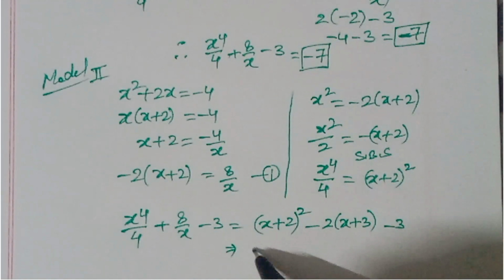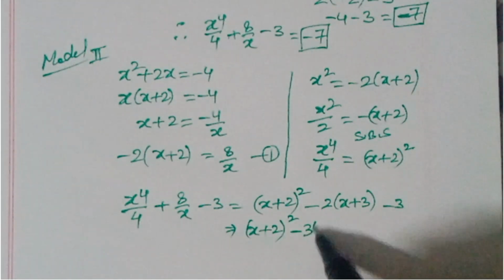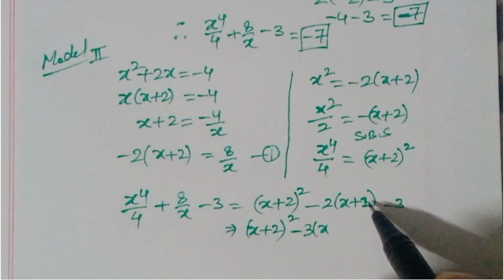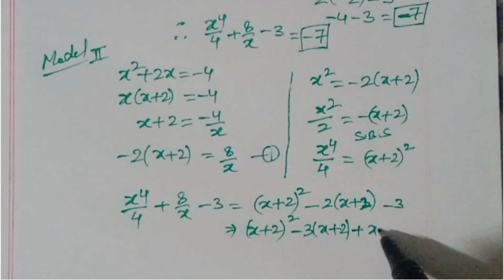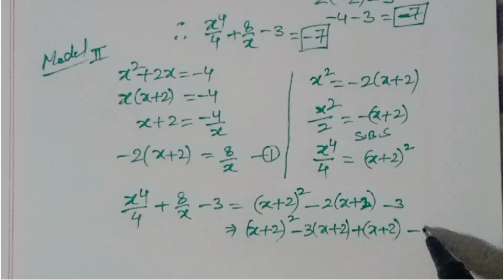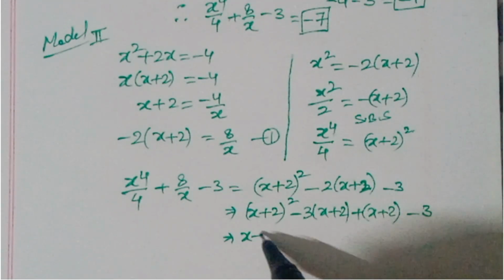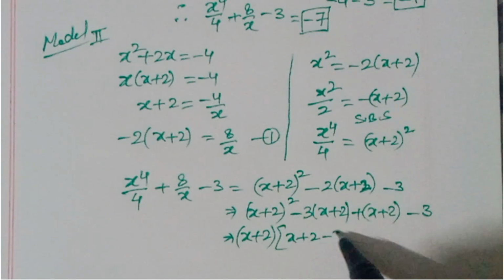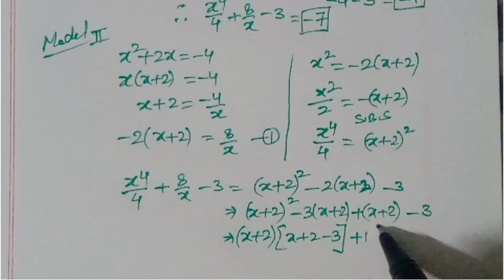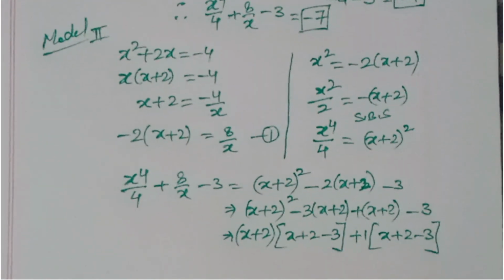If you find the factors here, x plus 2 whole square minus 3 into x plus 2 plus x plus 2 writing as factors minus 3. If we take x plus 2 common, x plus 2 minus 3 plus 1 common, x plus 2 minus 3.